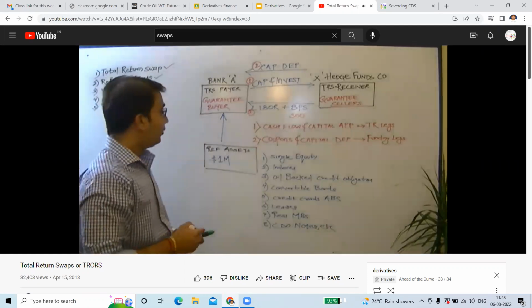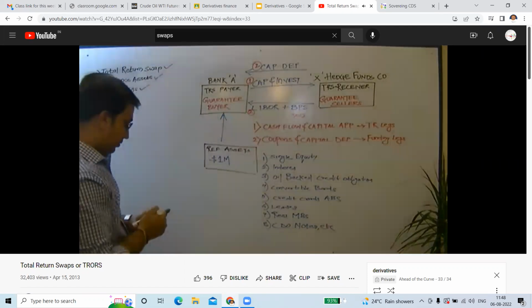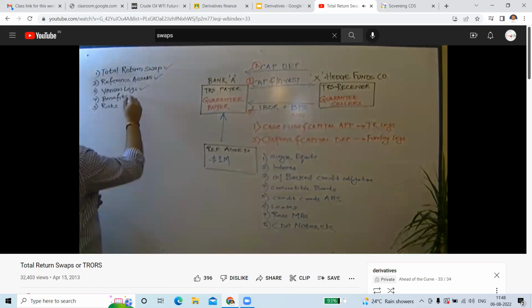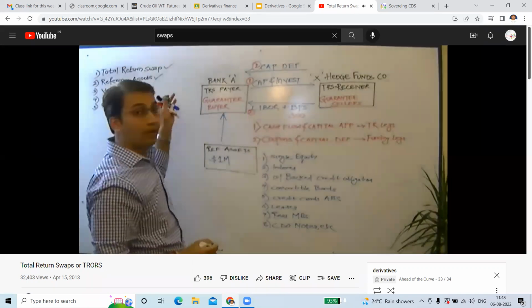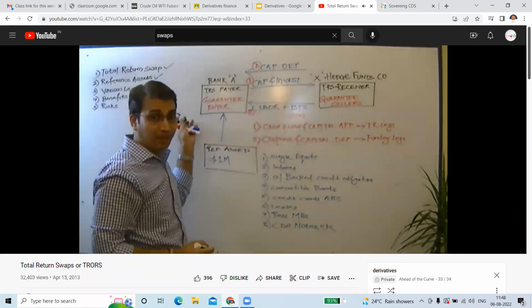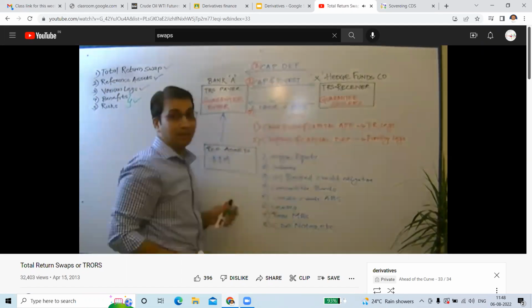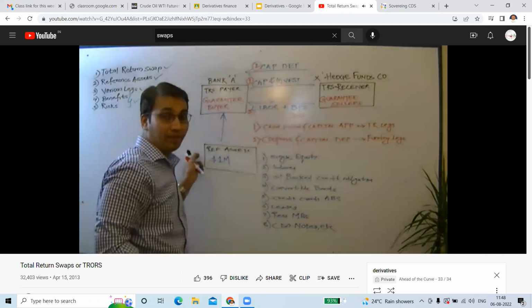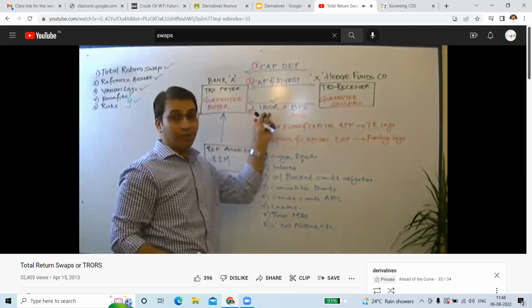Now we have seen the reference asset. We will discuss the benefits and risks of this total return swap transaction. So what are the benefits? The benefit from bank A's perspective is receiving LIBOR plus some basis points, which is the guarantee against this reference asset. That is the first benefit.